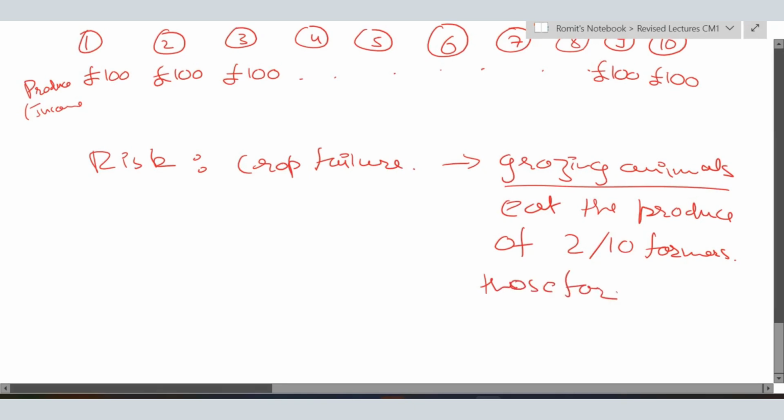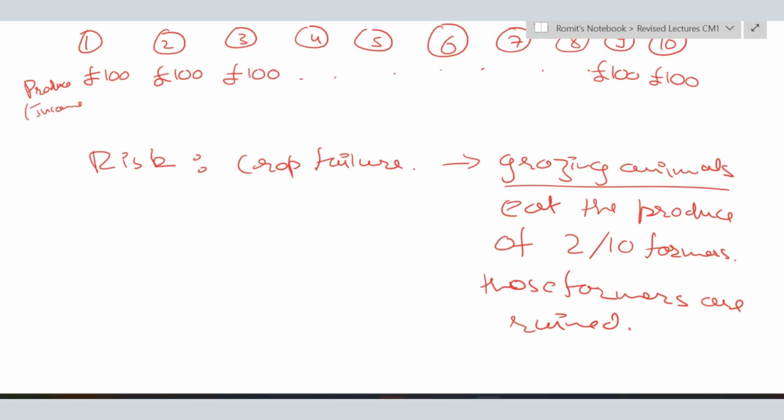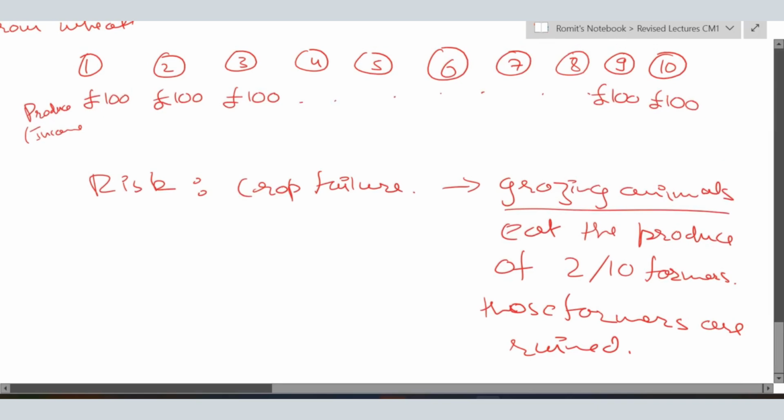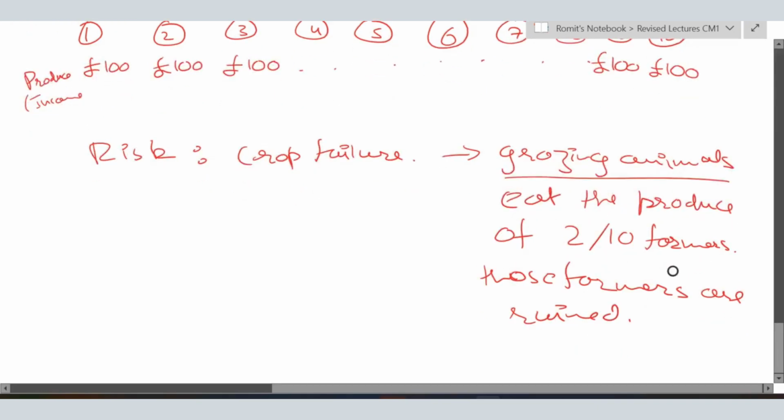Their complete livelihood depends on this income, and they have no income, and they face a lot of problems because these are not particularly saving kind of farmers. They produce every year and they consume every year. So if any one of them is affected, they lose all of their crop, and every year this is going to happen for 2 out of 10 farmers.